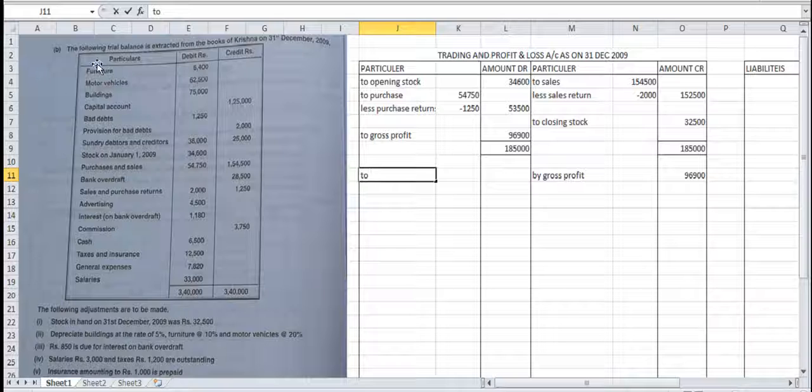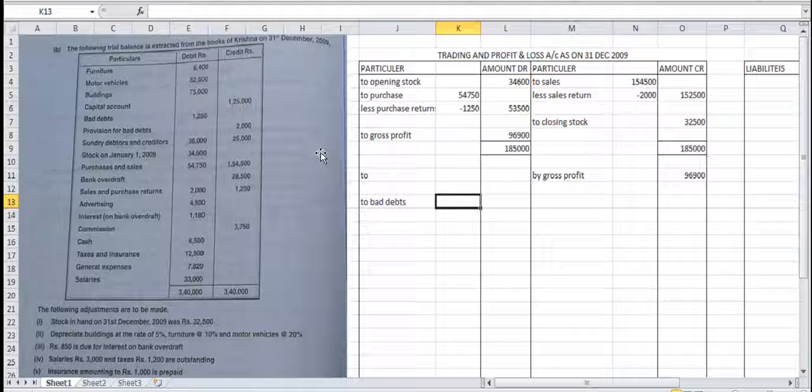Furniture is an asset, motor vehicle an asset, building an asset, capital account liabilities, bad debts. Before bad debts, you can even write bad debts on the debit side here also. To bad debts. Bad debt amount is 1250, because we have an adjustment on bad debts.